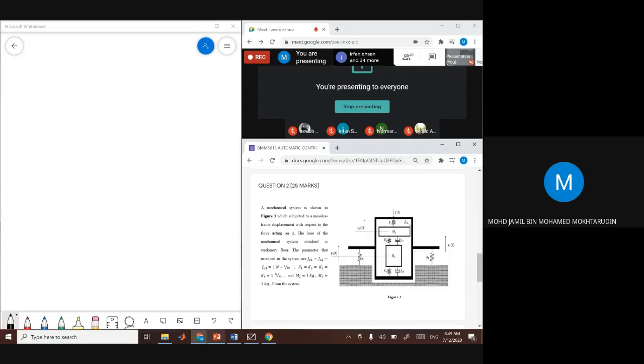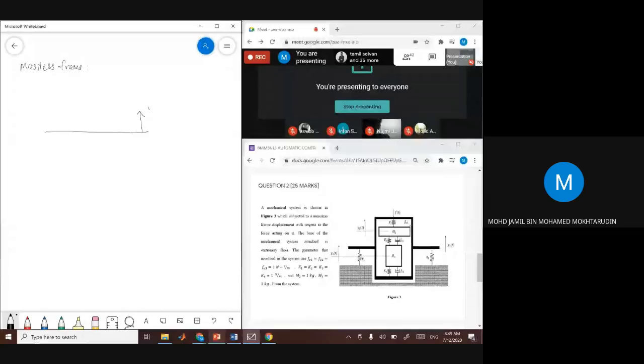Maybe we can start with the massless frame first. The massless frame has no mass, so there's no need to draw it.